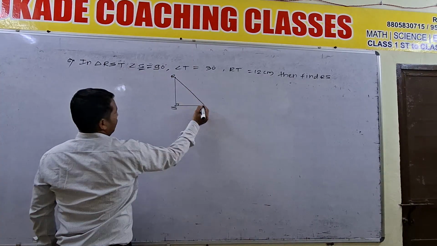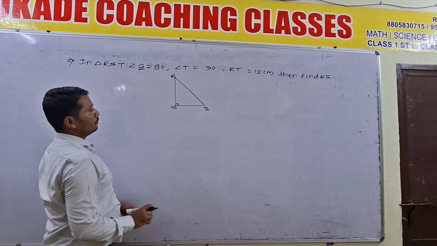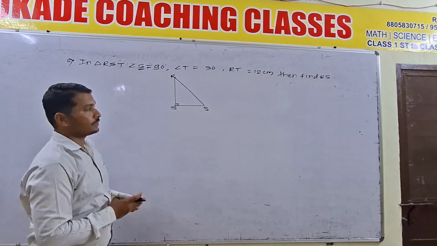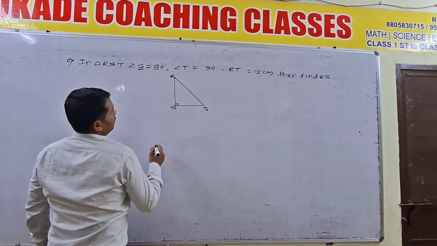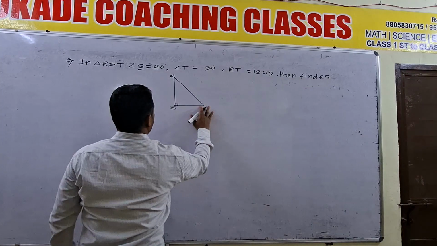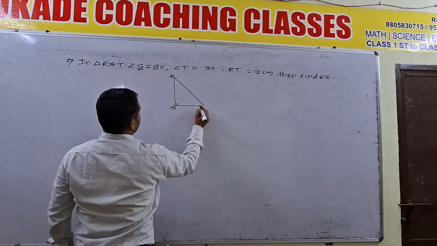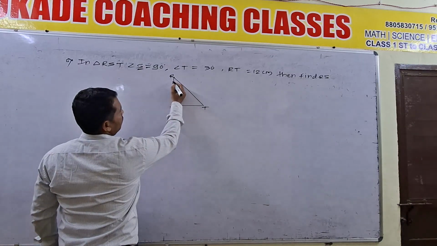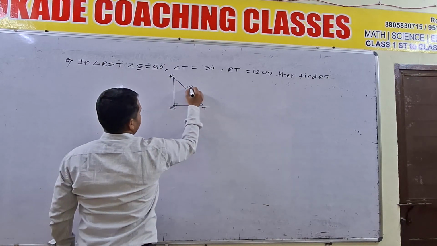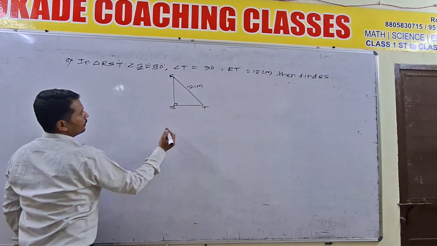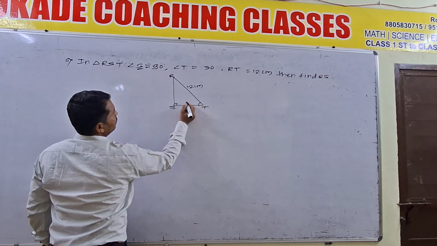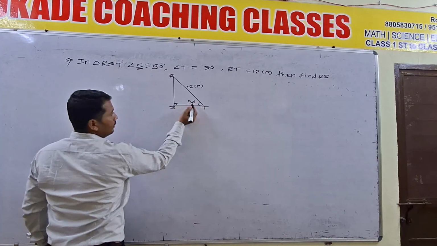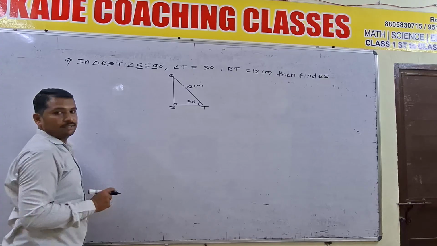We write down RS there. The side opposite 90 degrees is the hypotenuse. We also know in triangle RST, S is 90 degrees, RT is 12 centimeters, and angle T is 30 degrees. So with 90, the remaining angle is 60 degrees.